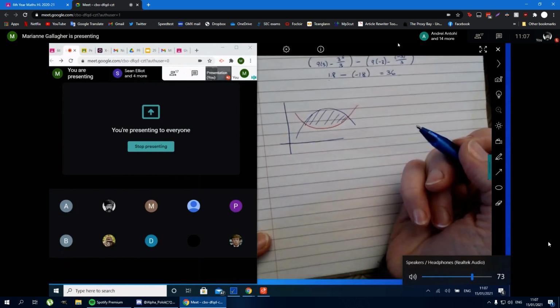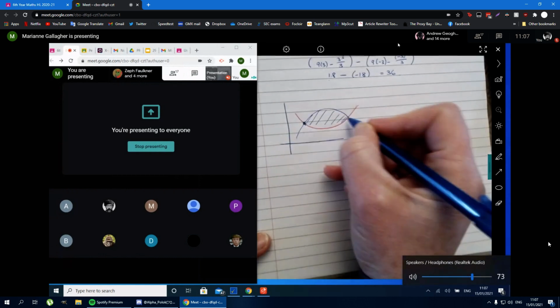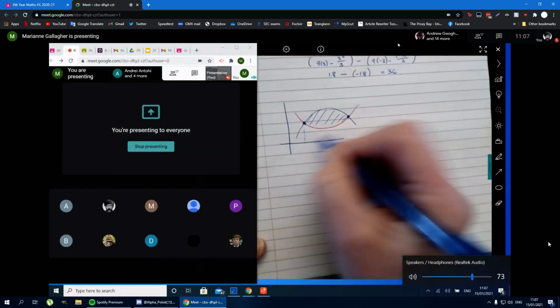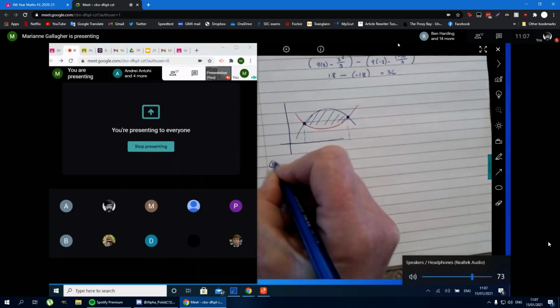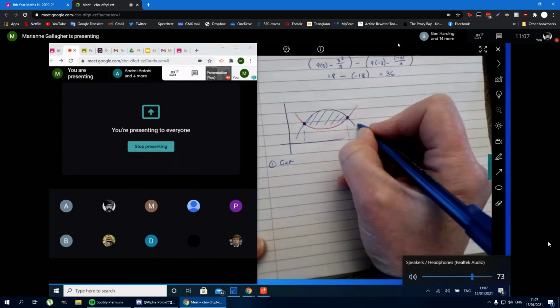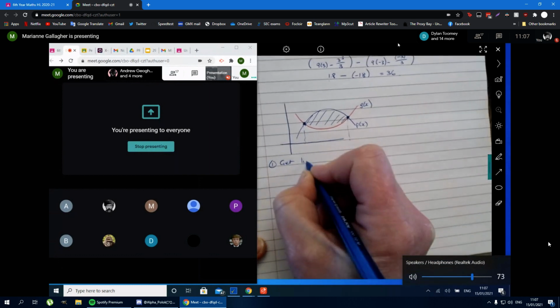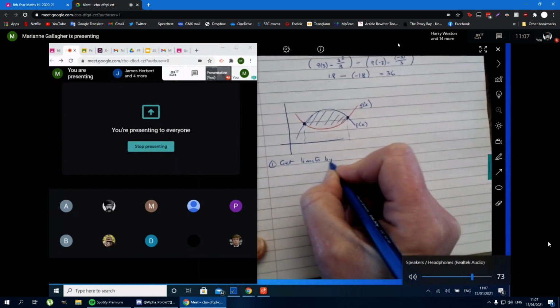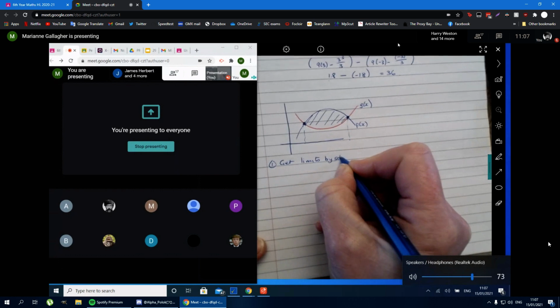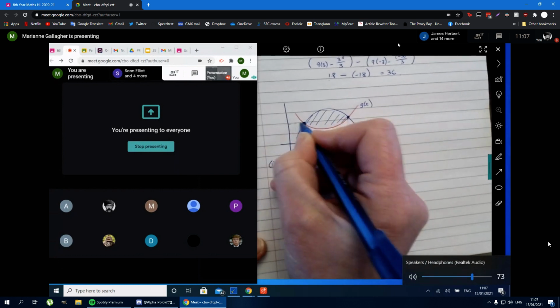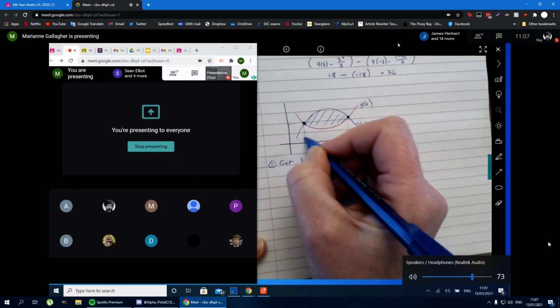So the first thing we need to do is figure out where they cross each other, okay? That's going to be your limits of integration. So say this is f of x and g of x. How you get the limits by solving is at this point, they both have the same y value, and x value.